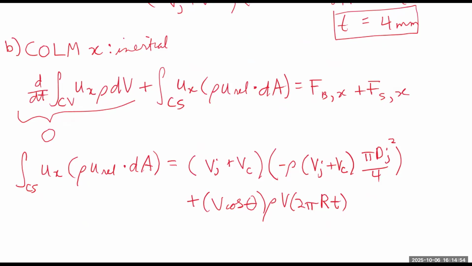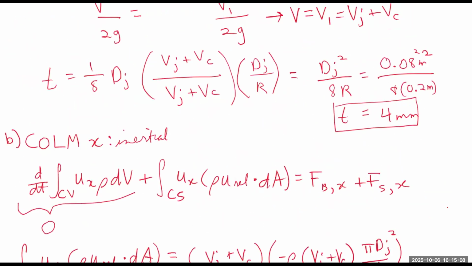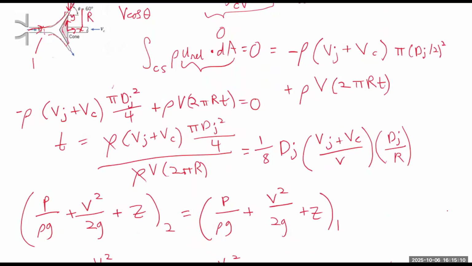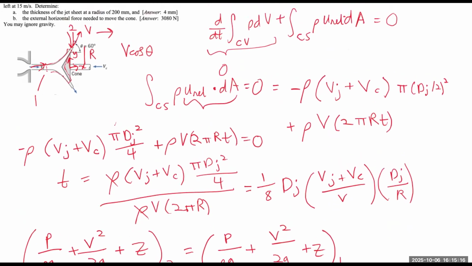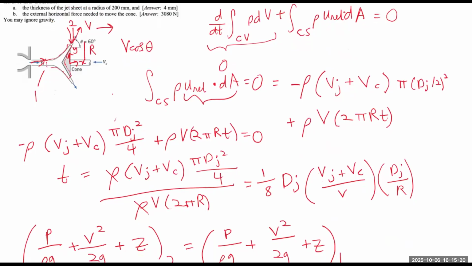And also, since this is going to be equal to the body force in the x direction plus the surface force, so there's no body force over here, and the surface force is going to just be from the cone. And it's going to be the external horizontal force needed to move the cone.